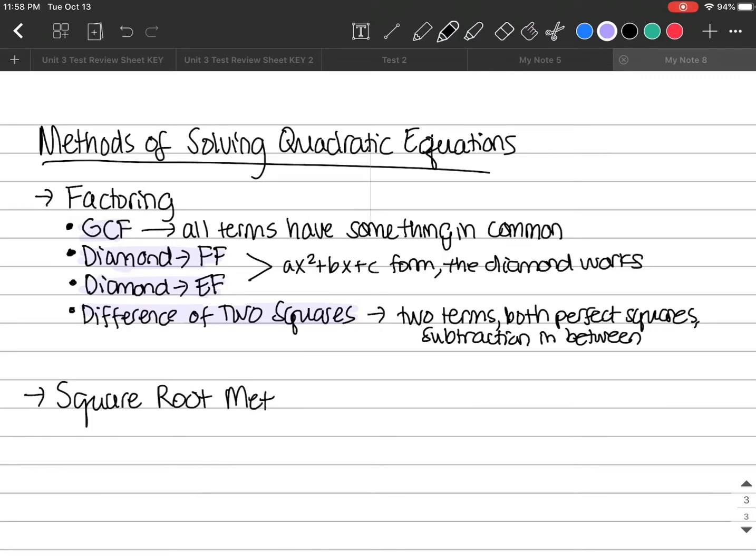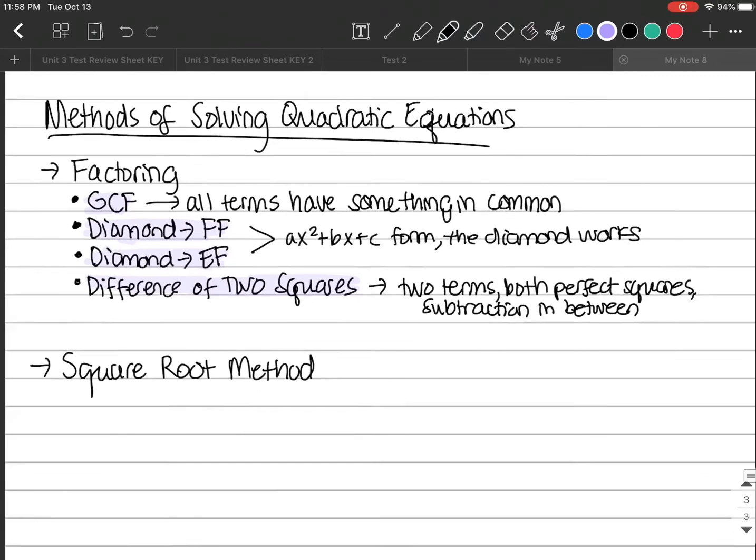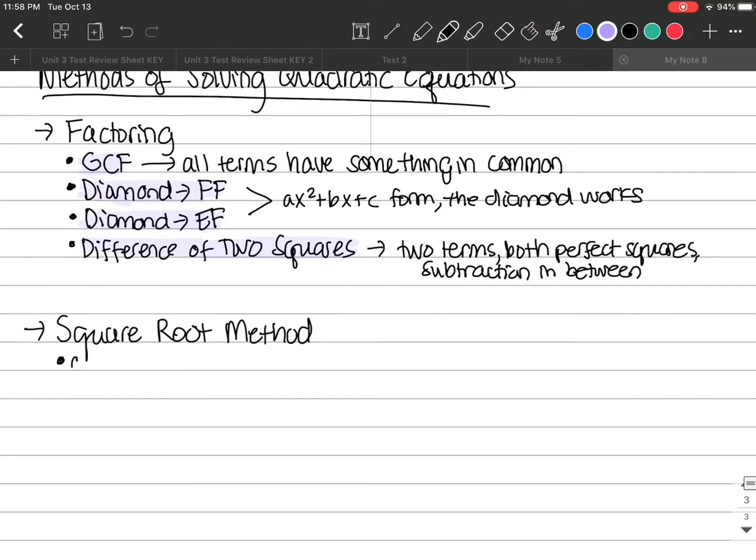Even if it is factorable, you can use the square root method if you can simplify to two terms, and those two terms need to be something squared and a constant.